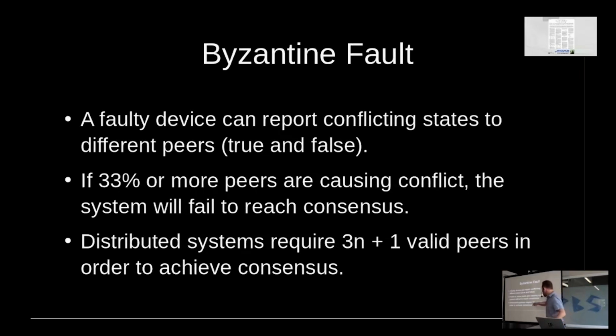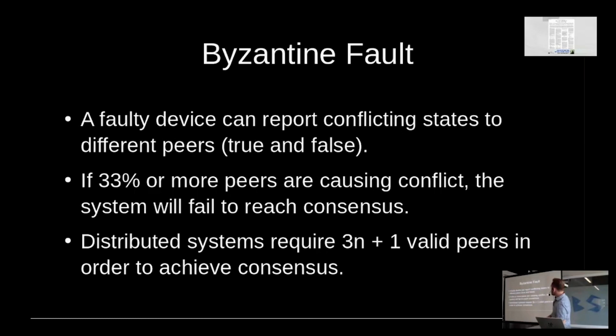You need at least 3n plus 1 trusted generals or valid peers in your system in order to achieve a consensus. Any less than this, and the traitors can collaborate, they can prevent you forming consensus in your network, and your system will fail because you'll fail to achieve any sort of consensus.